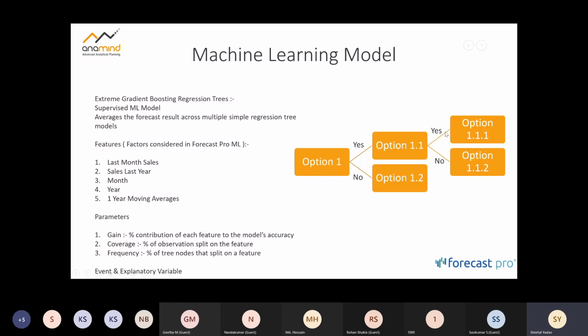So based on each of the inputs that come in, based on each of the trees that get created, it will take that into account and see with the training set whether it is improving the forecast accuracy or not. If it's not, then it will stop right there. And based on the results with each of the options, it will use that option to calculate the forecast for a particular month.